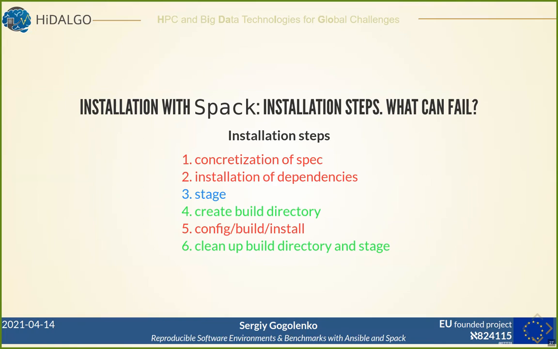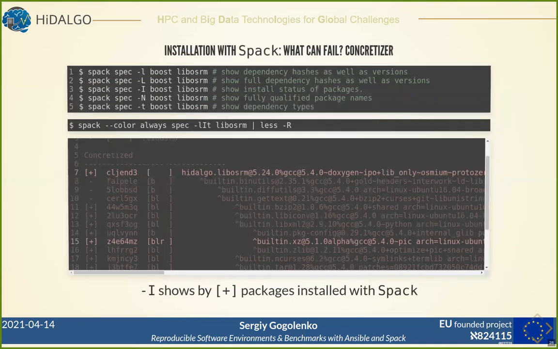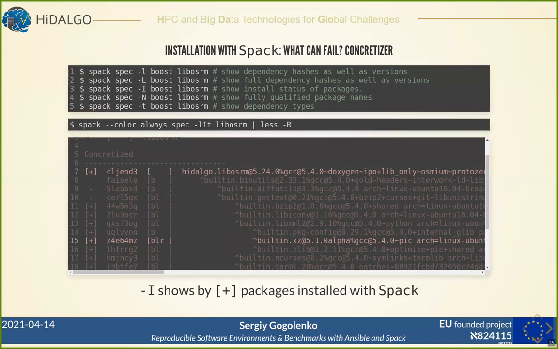The less error-prone part is staging, and there are almost no chances that creating the build directory or cleaning up the build directory will fail. And now let's go through these error-prone parts. The first part is concretization. Before installation, you can always check how your packages will be concretized.